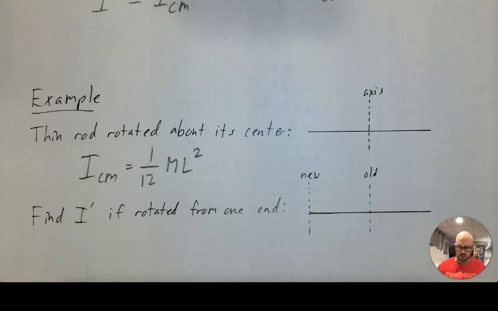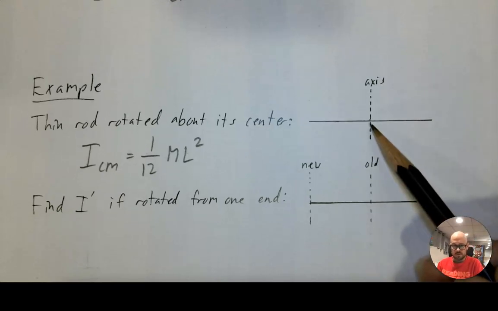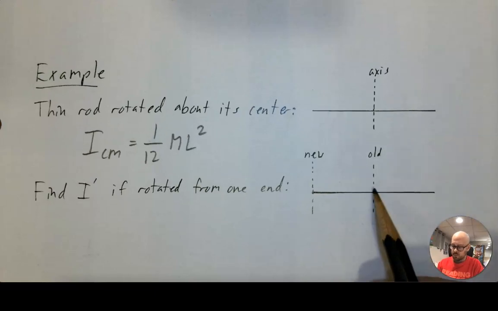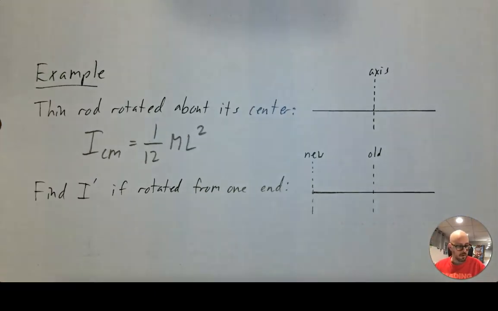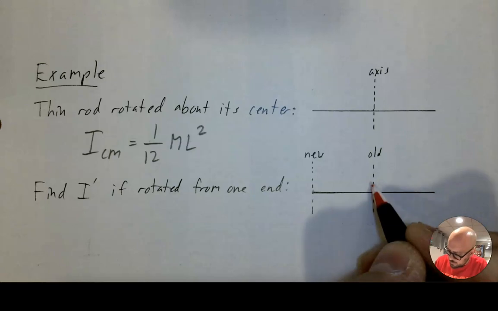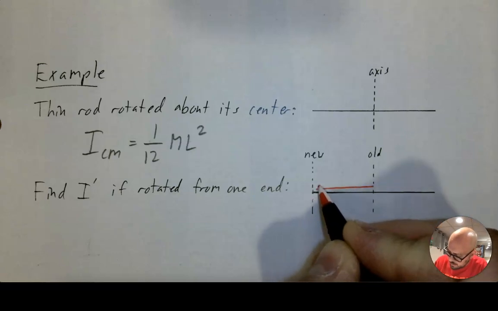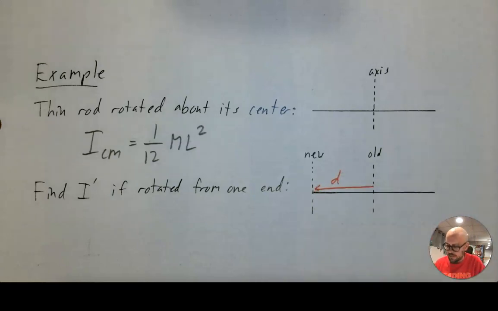Now, instead of rotating it around its center of mass, we're going to move that axis to the very outside. So we're now going to rotate it around one of the end points. So that axis has just moved a distance d. Now, direction doesn't matter.